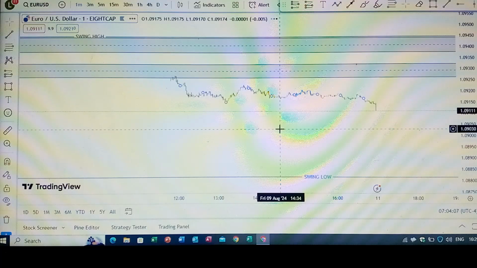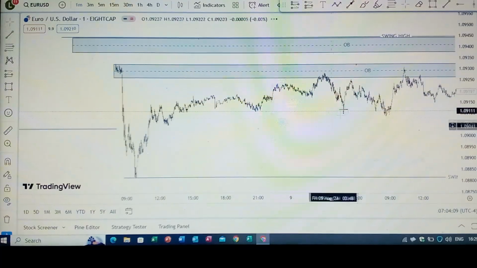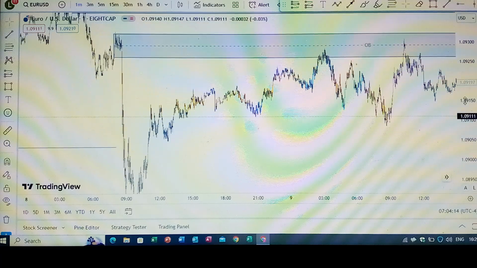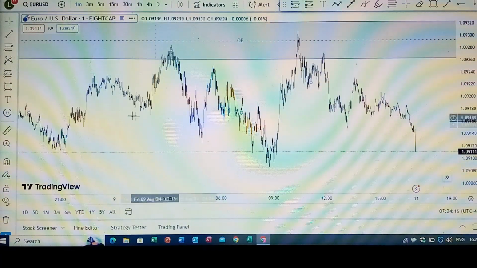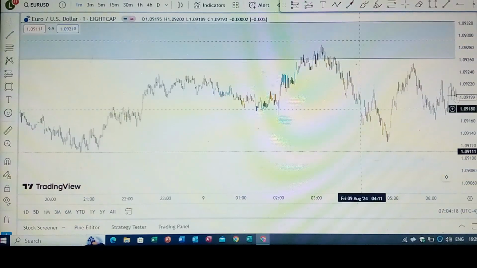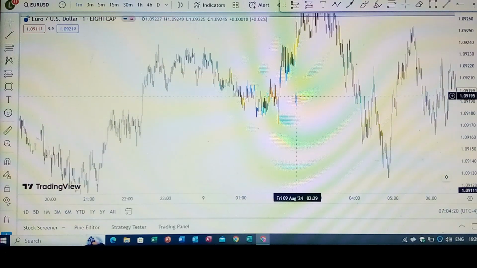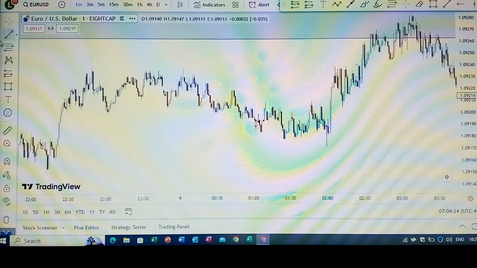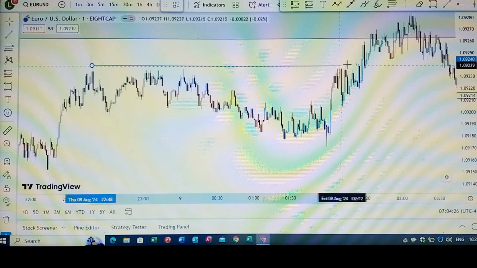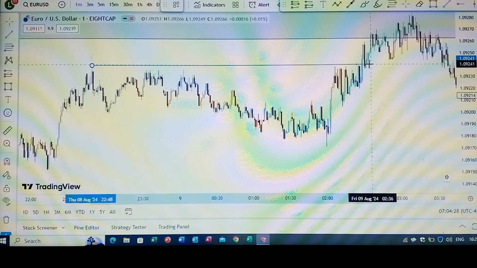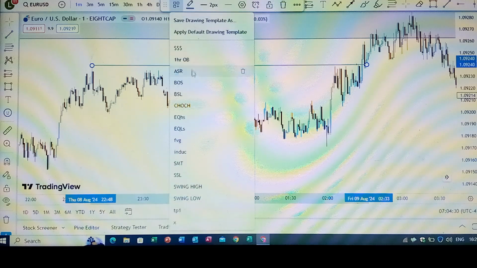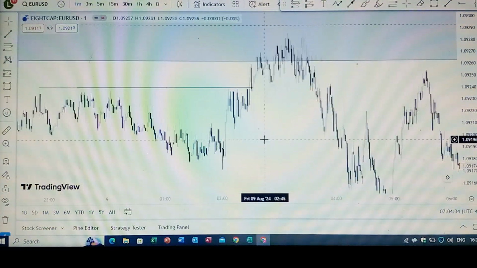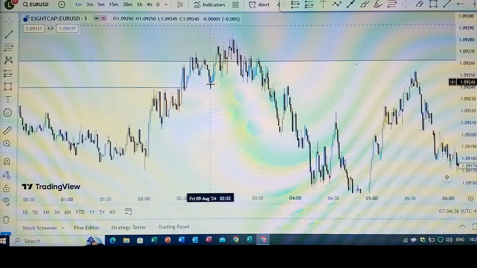Just drop down to the 1-minute time frame quick. Before price made this overall move, I saw that we have a breaker structure. After breaking structure, we created another pullback.